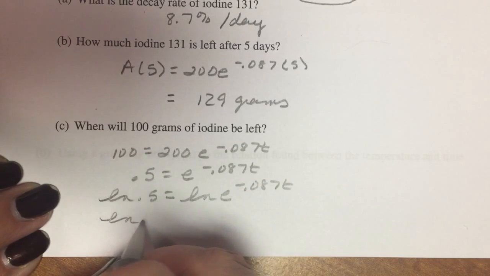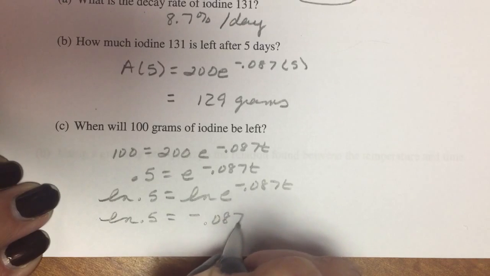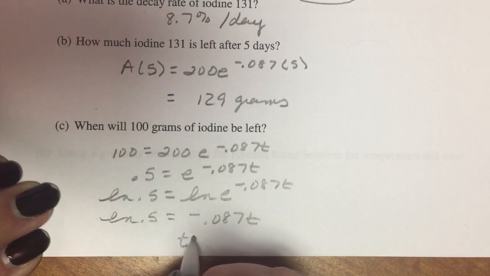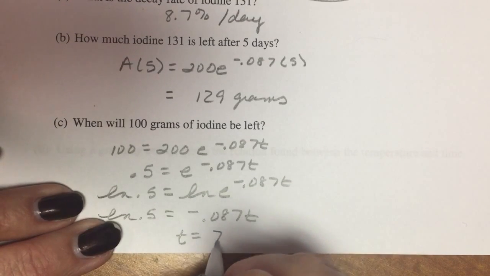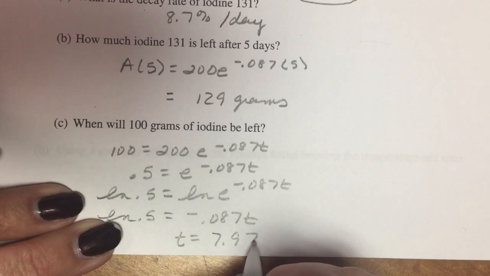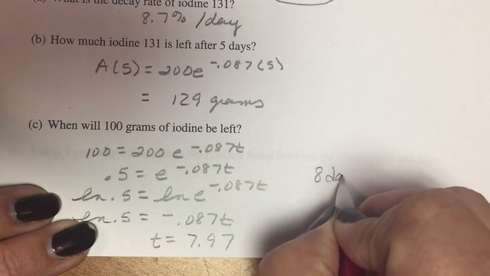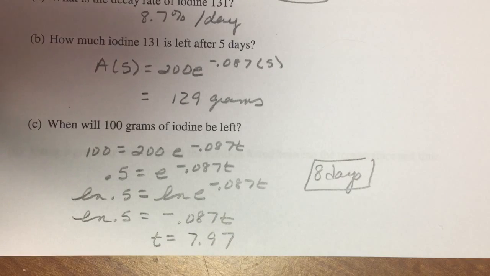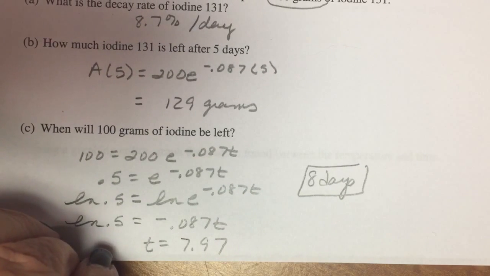So we're going to get the natural log of 0.5 equals negative 0.087 t. And when you divide both sides by negative 0.087, I got 7.97, which to me is good enough to round off to 8 days. So after 8 days, there'll be half of that left.